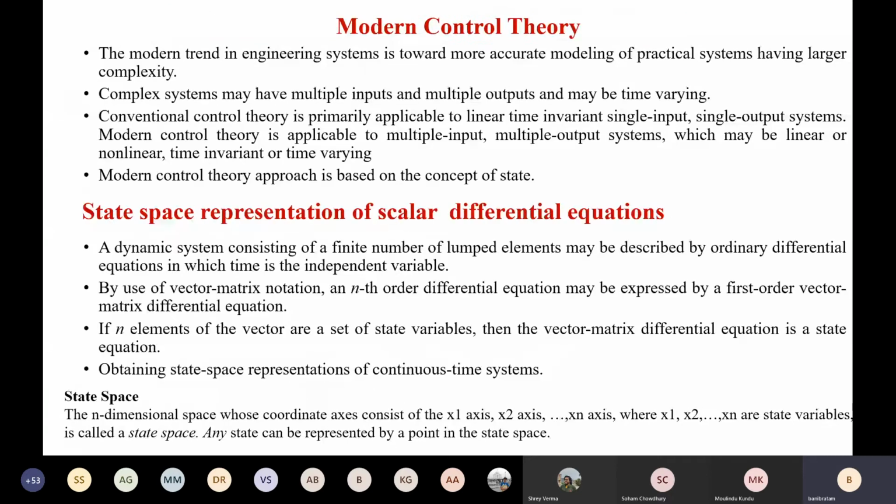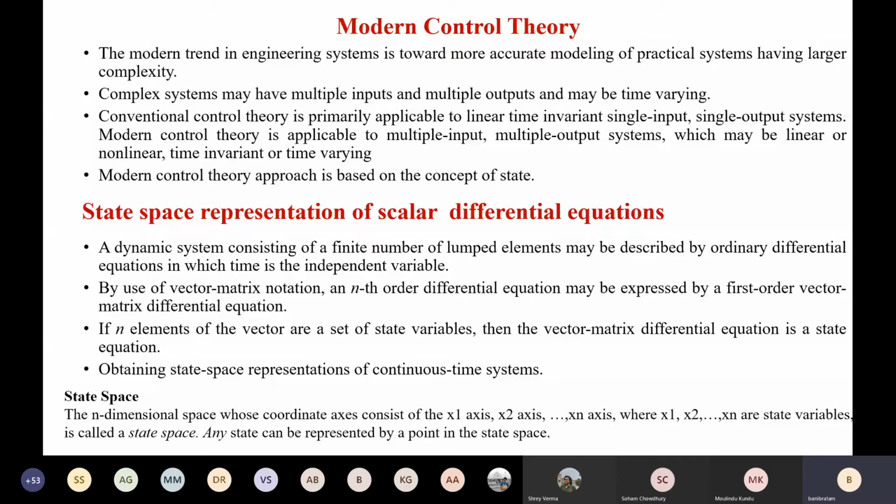So this is the basics about conventional control systems, including their controller implementation aspects. Then we will move forward to another basic, important aspect, which is very much required from the modern control theory point of view.